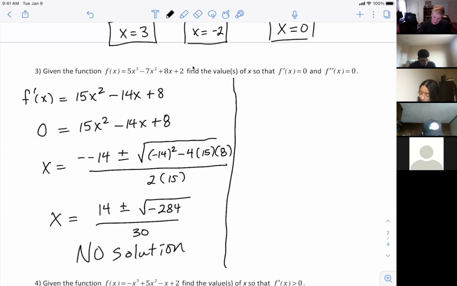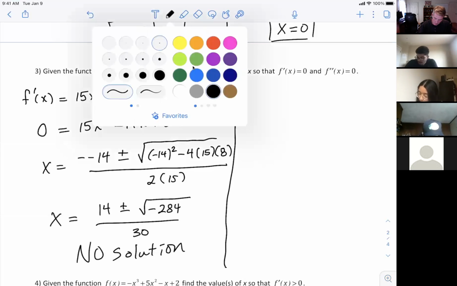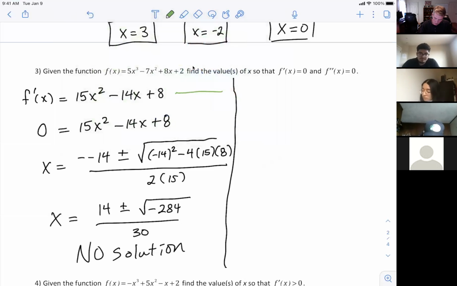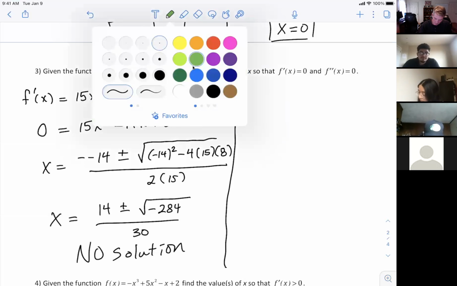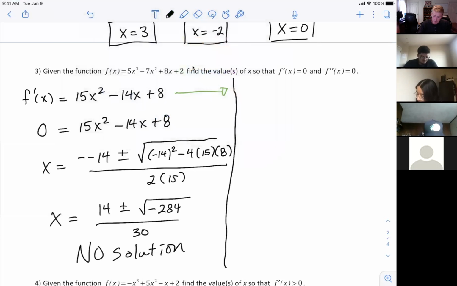Then what about the second derivative? So in other words, take the derivative of the derivative. So the derivative of 15x squared, that will be 30x. And the derivative of negative 14x will be negative 14. And the derivative of plus 8 is 0.